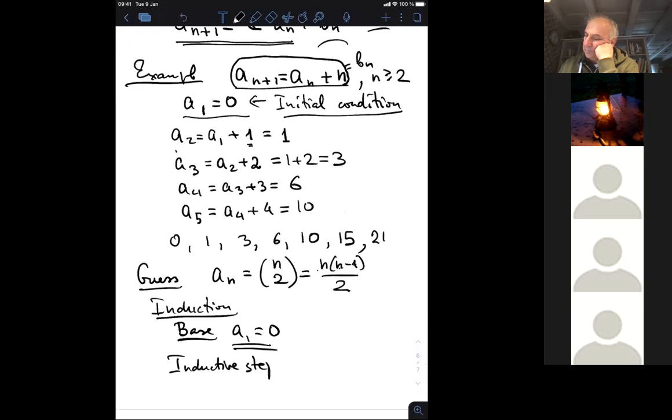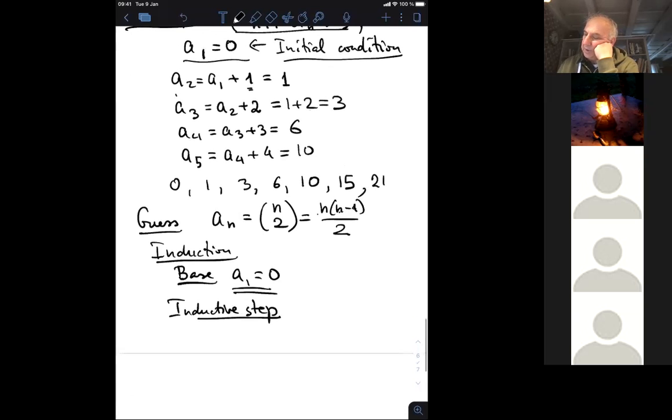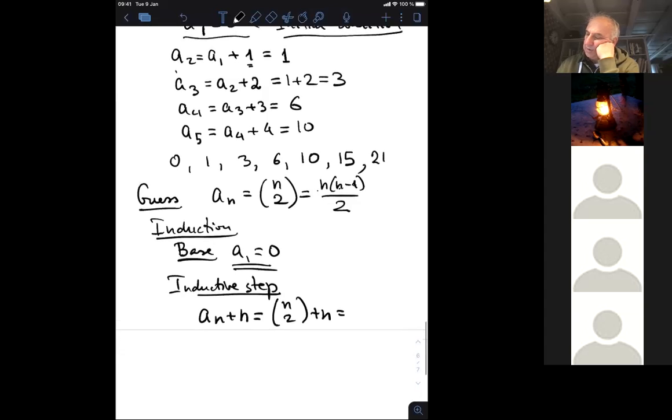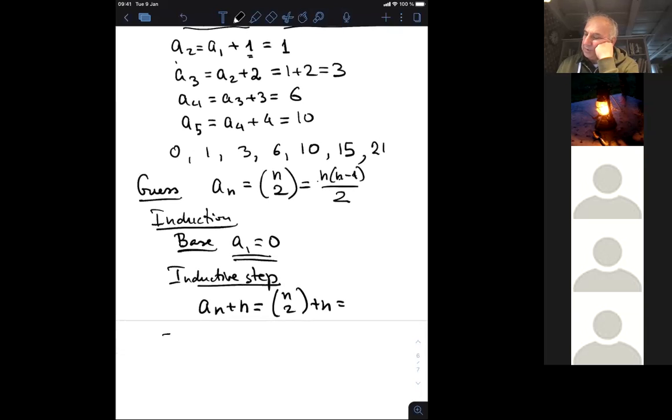We look at a n plus n, which by the inductive hypothesis is n choose 2 plus n. If we expand n choose 2, it would be n times n minus 1 over 2, plus n.